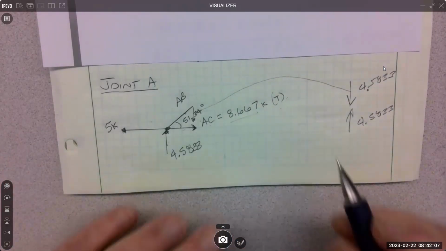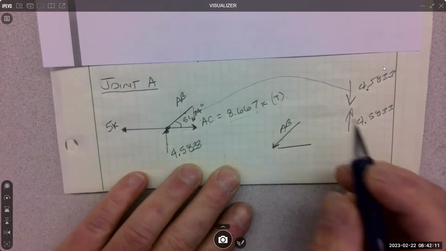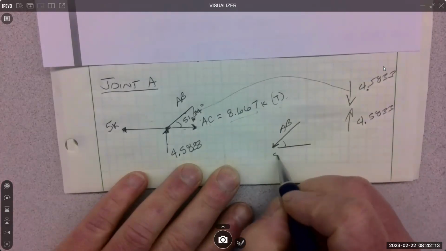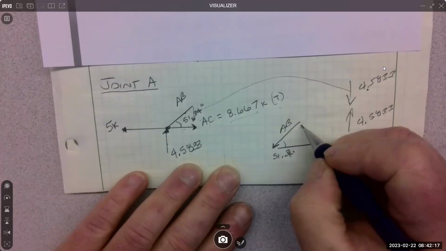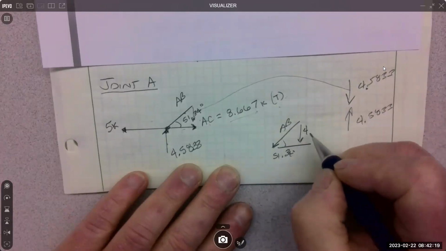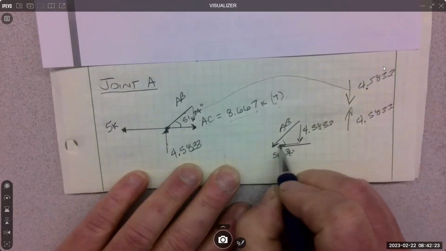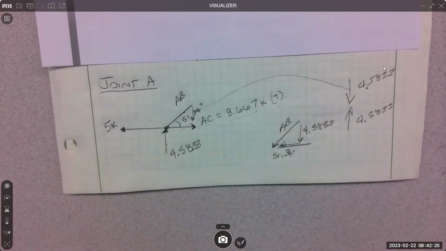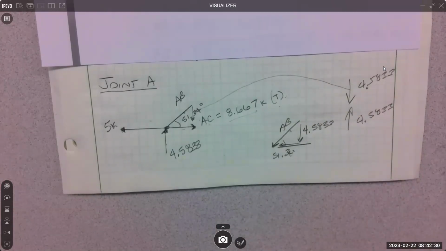And from that, I know AB, I know its angle of 51.34 degrees. I know its component of 4.5833. Other component here, but I don't really care about that. From this, I can solve for AB, and I'm done.